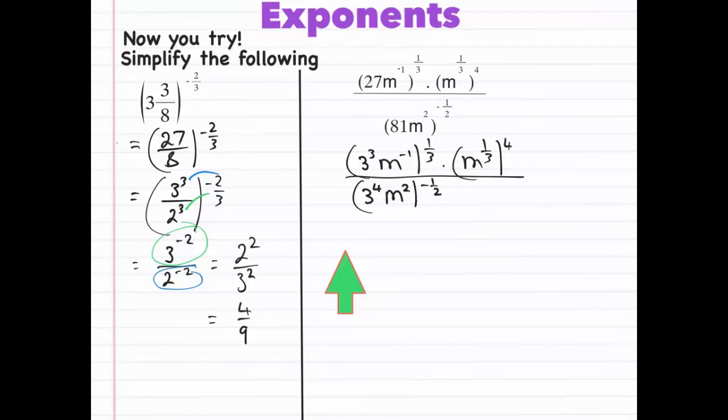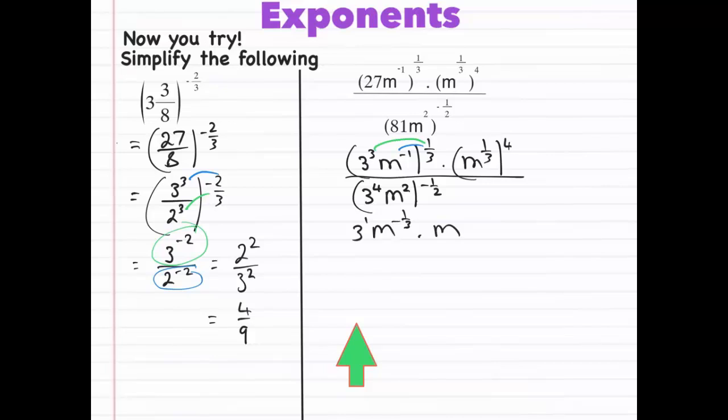Okay, great. Now, since we have a fraction here, we always want to simplify the numerator as far as possible, and the denominator. So I'm going to write the 3, and then I'm going to say 3 times a third, which is to the power of 1. Write the m. Then it's minus 1 times a third. That gives me minus a third. Okay, wonderful.